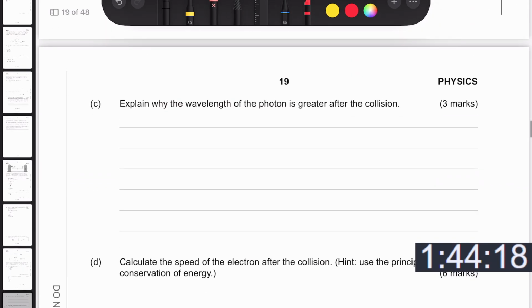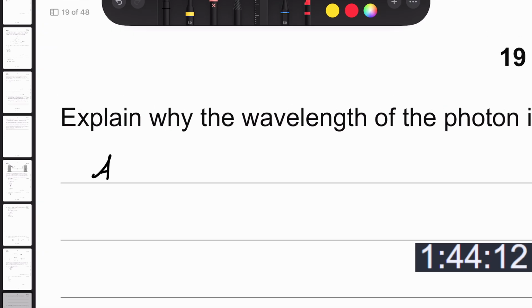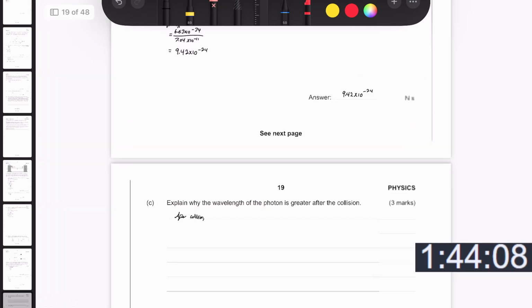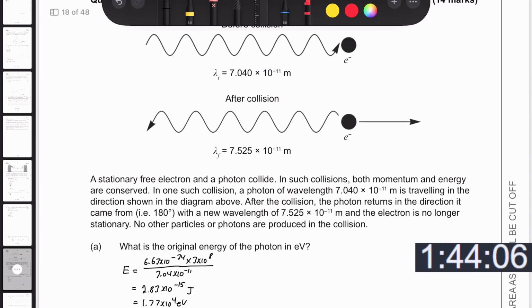Phew. Okay, explain why the wavelength of the photon is greater after the collision. After collision, the electron is no longer stationary.